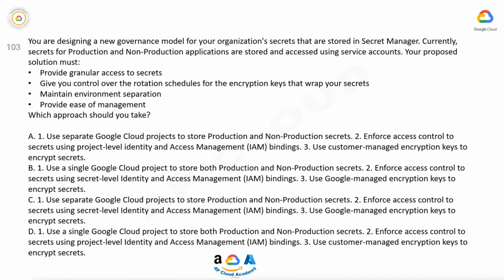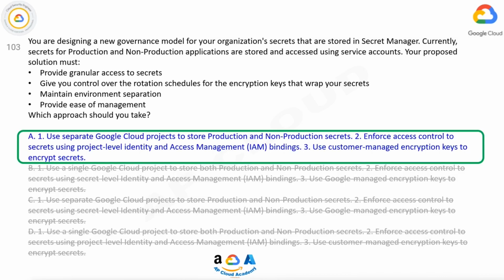Use a single Google Cloud project to store both production and non-production secrets. 2. Enforce access control to secrets using project-level IAM bindings. 3. Use customer-managed encryption keys to encrypt secrets. Correct answer, A.